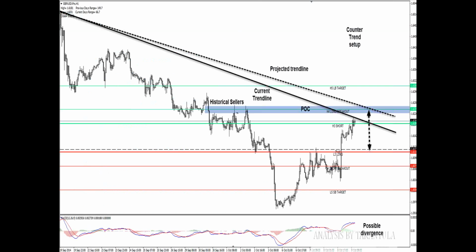This is the first picture, and I will present all the examples. This was the counter trend setup for today for GBP dollar, and I'm showing you this because you can use those important trend lines with candlesticks. Without those candlesticks, we cannot print trend lines. It's very, very important.